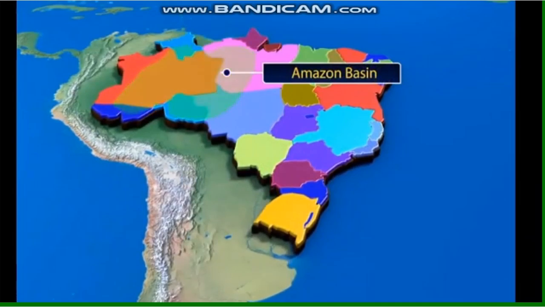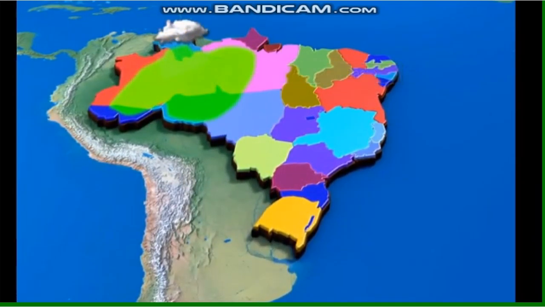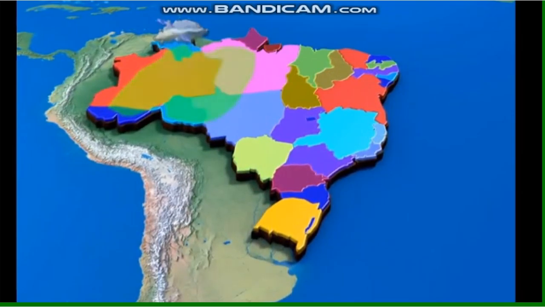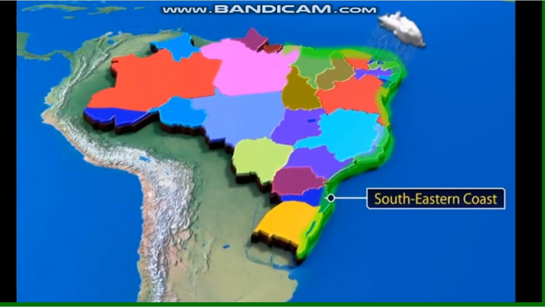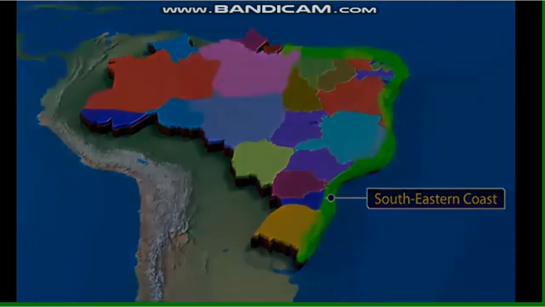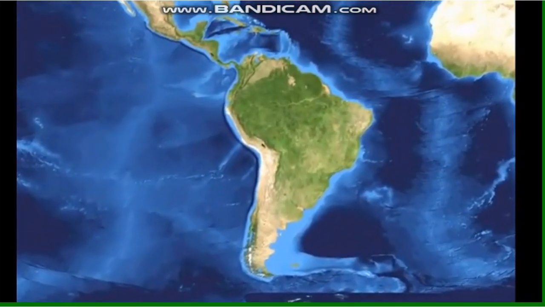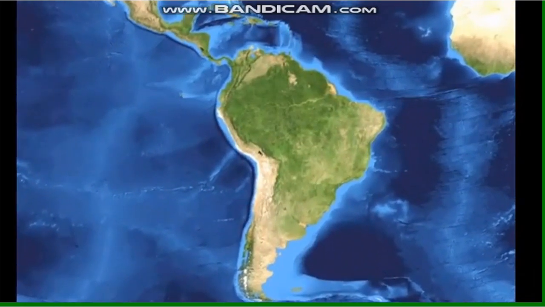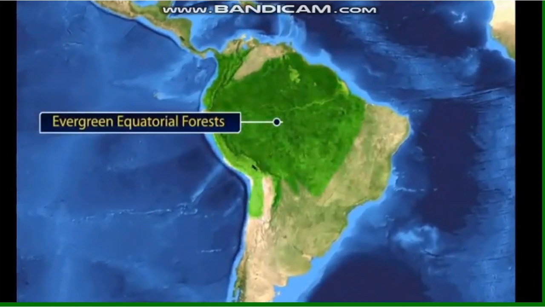The Amazon basin has rainfall between 1800 mm and 2000 mm, whereas in the southeastern coastal area it is 1000 mm. Due to abundant sunlight and sufficient rainfall, Brazil has evergreen equatorial forest called selvas.